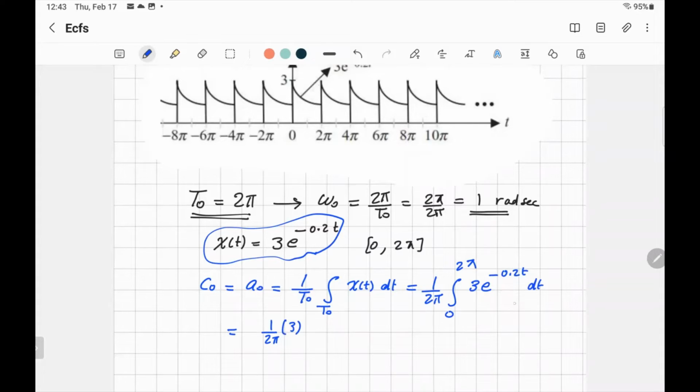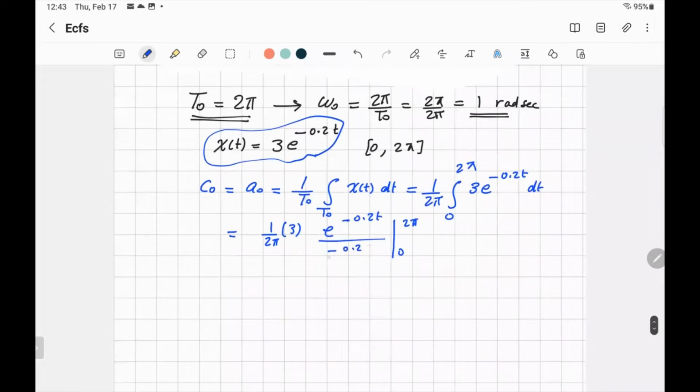The integration of the exponential e to the minus 0.2 t will give e to the minus 0.2 t divided by minus 0.2, with the integration limits from 0 to 2 pi. To get rid of this negative sign, I will have 3 over 2 pi times 0.2, multiplied by e to the minus 0.2 t. I flip the limits because of the negative sign, and then I start substituting.